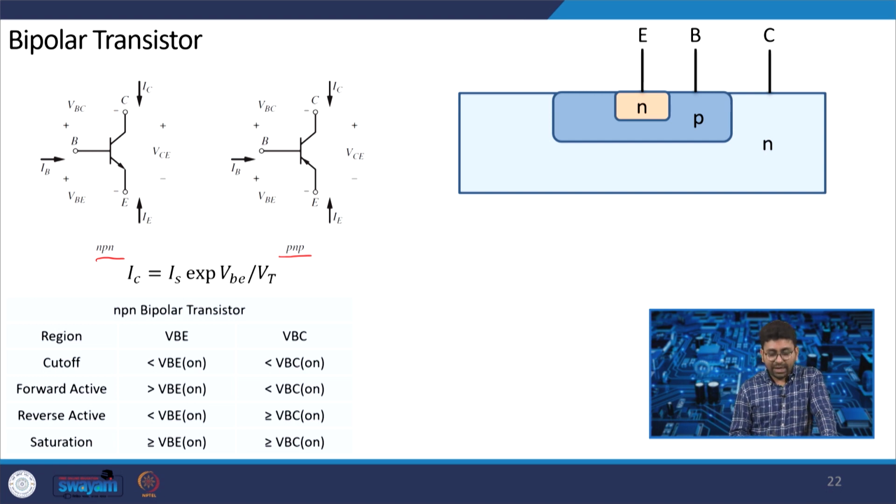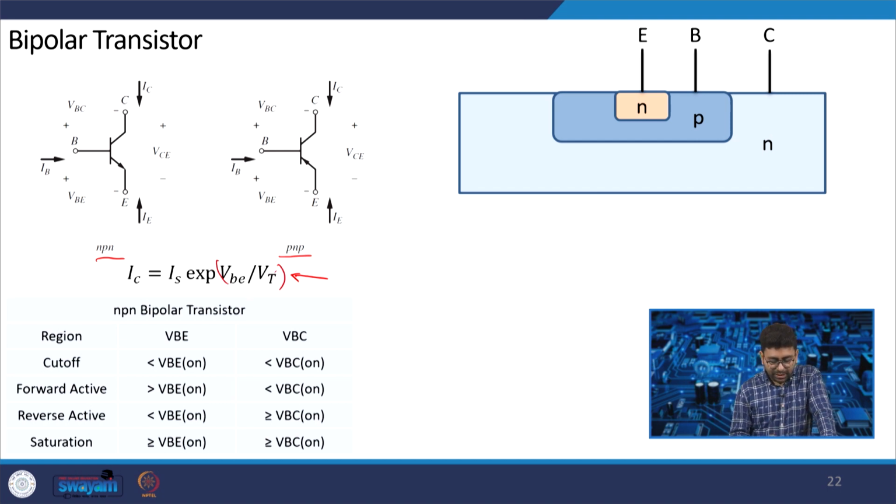When we consider the NPN bipolar transistor for large signal, the collector current is a function of IS, VBE and the threshold voltage VT.